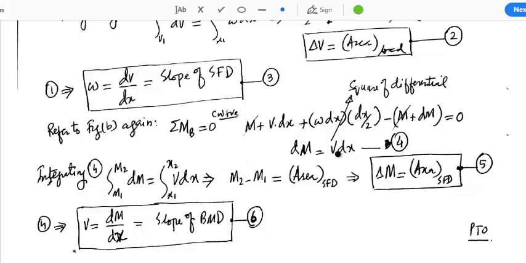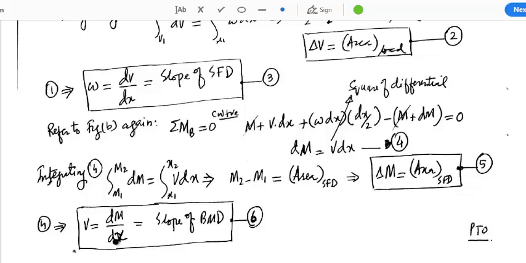Now let's consider equation number 4 again and rearrange it. We get V is equal to dM over dx. As I said earlier, whenever we differentiate any equation at any particular point, we get the slope of the curve at that point. Every mathematical expression represents a curve. If it's a single degree expression, it will represent a straight line.